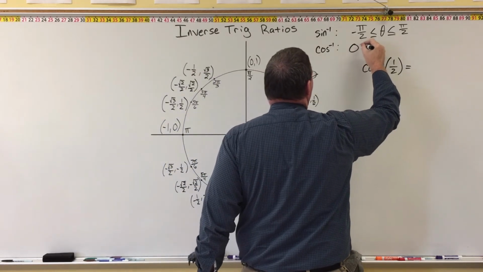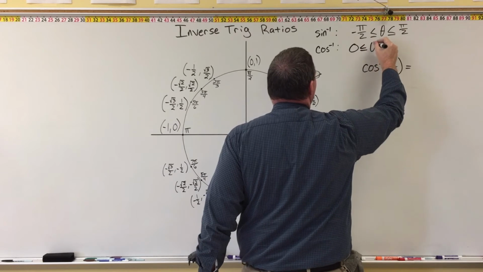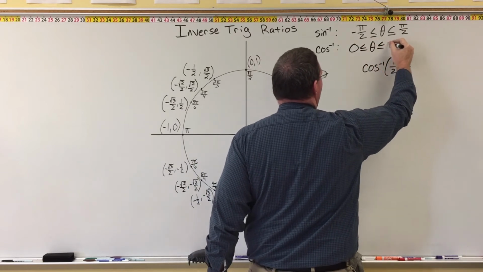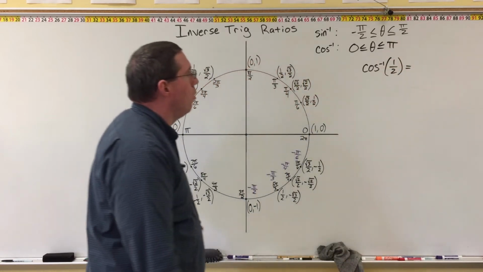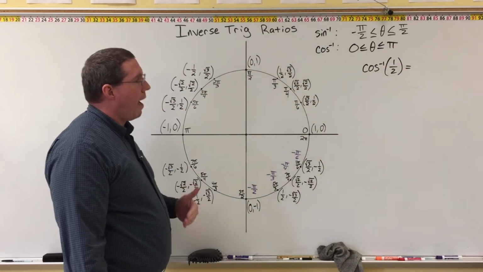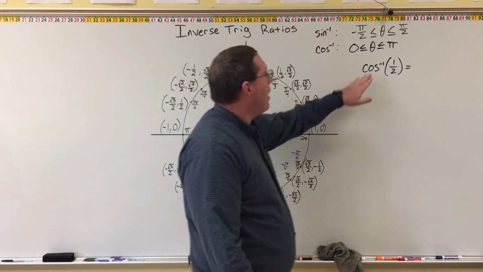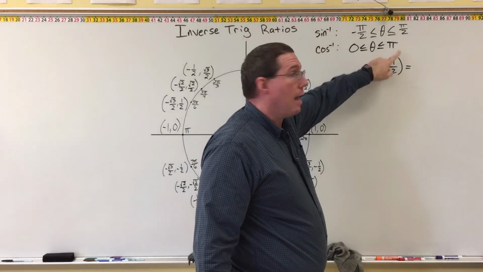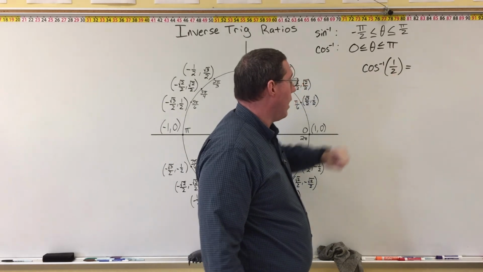So the theta angle for cosine inverse is going to go from 0 up to pi, and those are the only answers we're going to choose. Now the question is, what angle measure between 0 and pi has an x coordinate of 1/2?